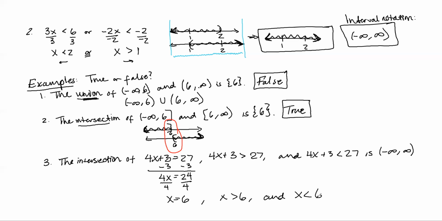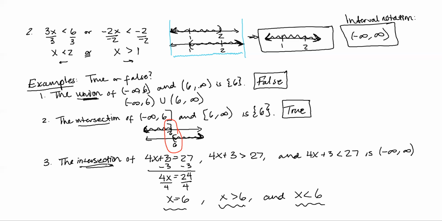They're saying that the intersection or the overlap between x equals 6, x is greater than 6, and x is less than 6 is every single number. Now, if we were looking at the union, that would be true because it's everything less than, greater than, and equal to 6. That's the entire number line.